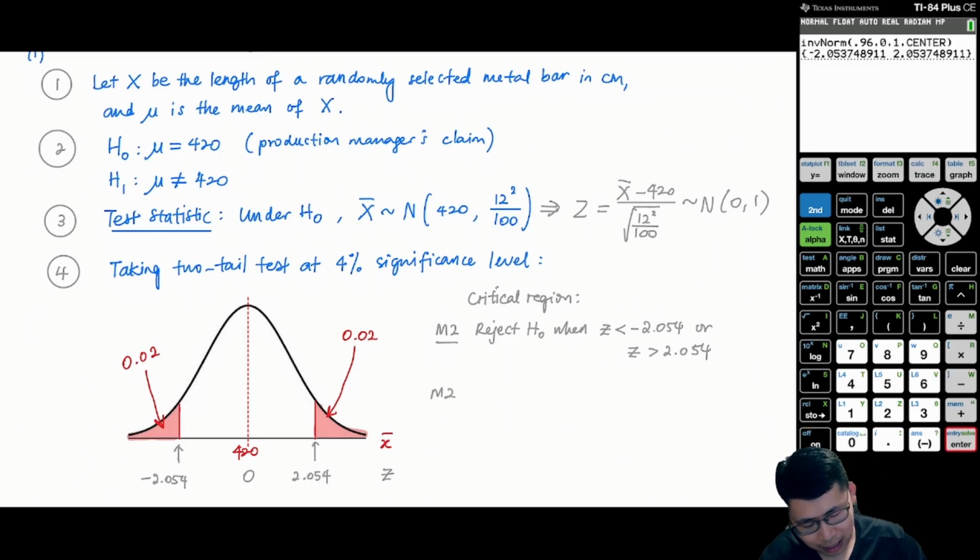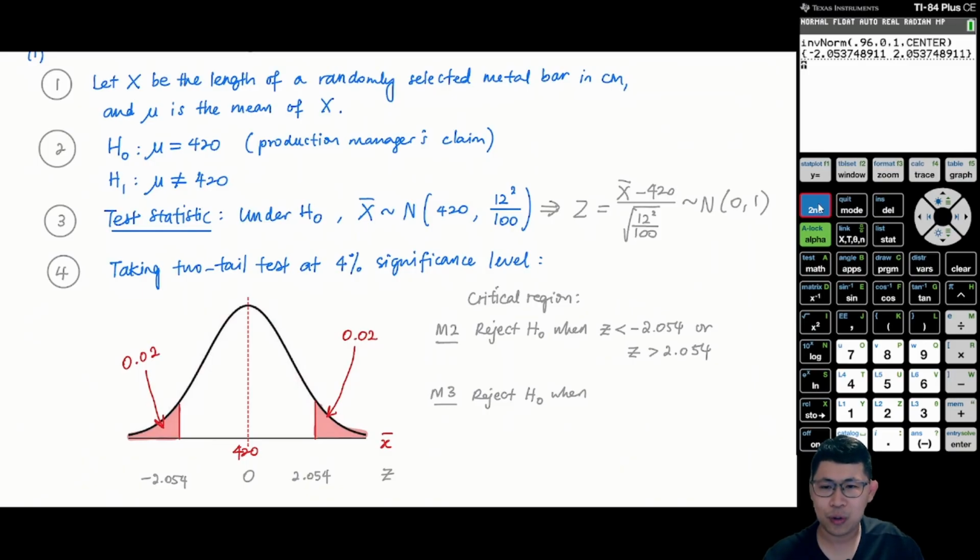Now, if I am looking at the raw data, or if I'm looking at the context, so if I were to just take a look at the values of the sample mean, I would also need to find out what this value is. It's the same process, just that I'm looking for the sample mean value over here.